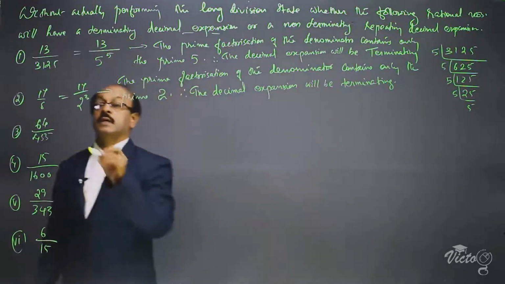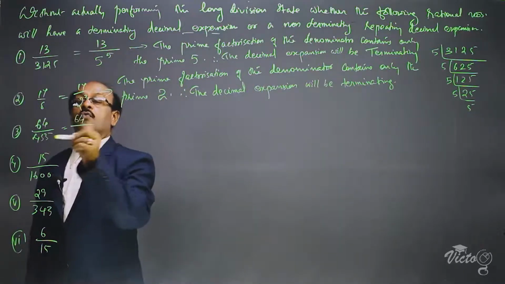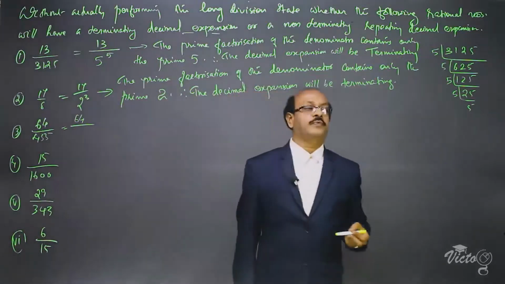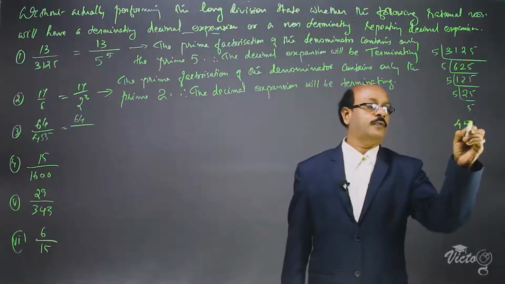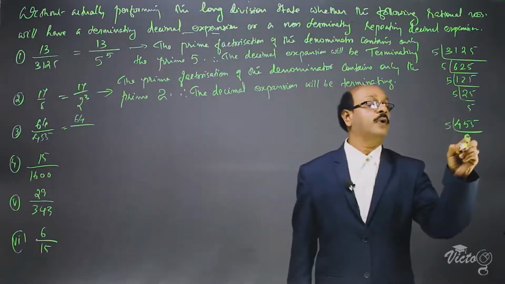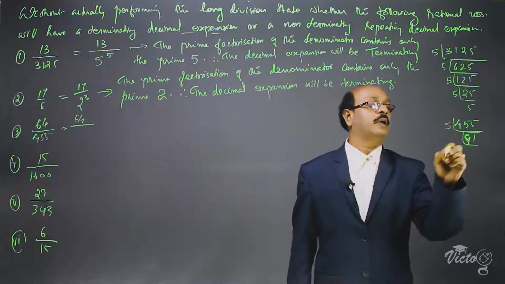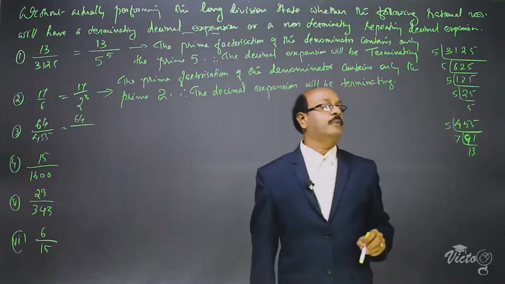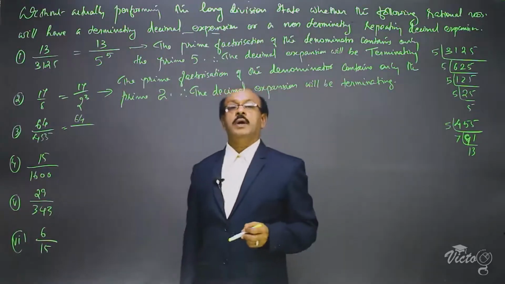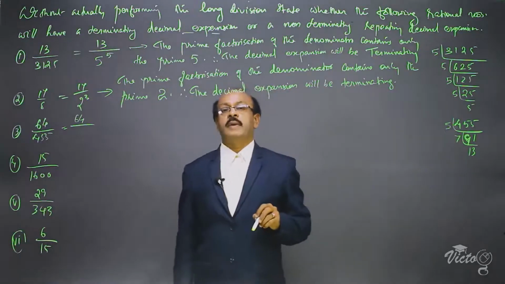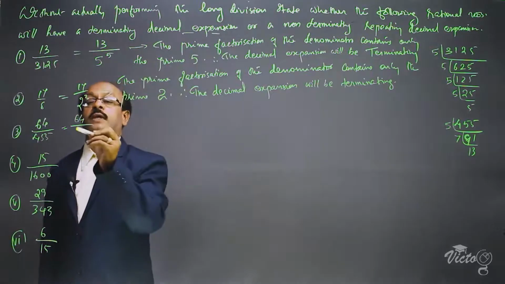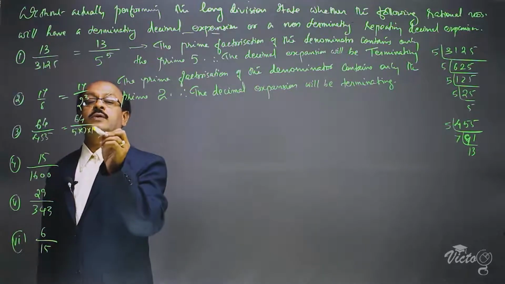Now the third one is 64 divided by 455. We have to find the prime factorization of the denominator 455. We can divide it by 5. 5 8s are 40, 5 9s are 45 and 5 1s are 5. Then we can divide it by 7, 13. It is 5 into 7 into 13. There are two primes other than 2 and 5, which are 7 and 13.